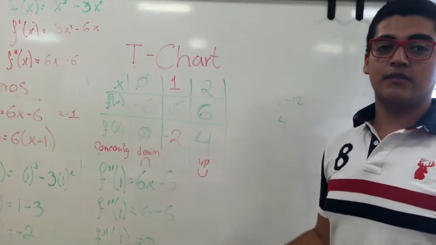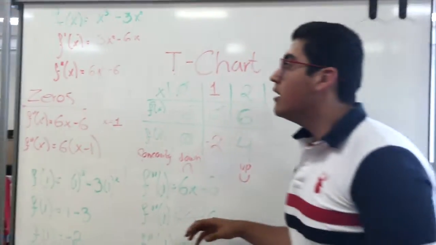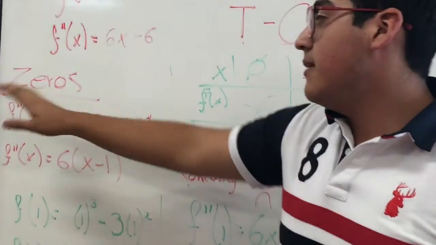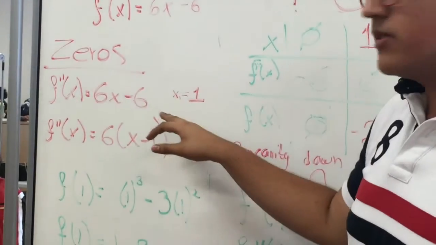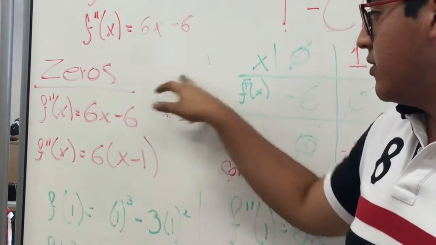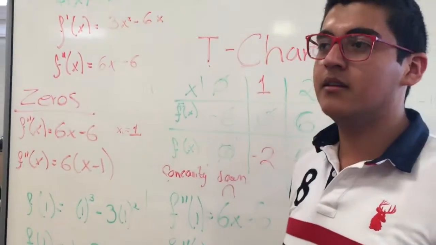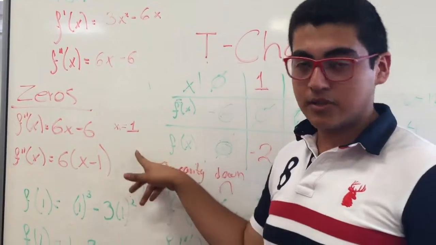Now the second derivative test, which is with the inflection point. First of all, you have to get the second derivative that we already have. Then we have to get the zeros of this new derivative. Our only zero is x equals 1, so the point is at x equals 1.